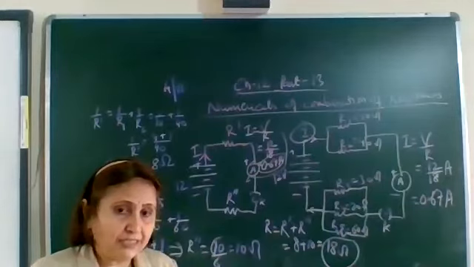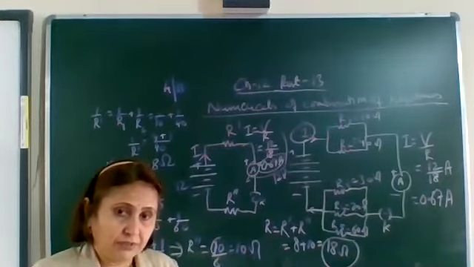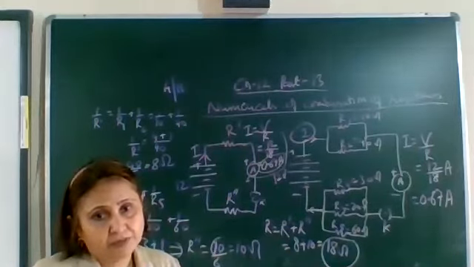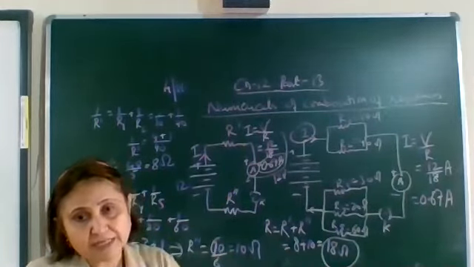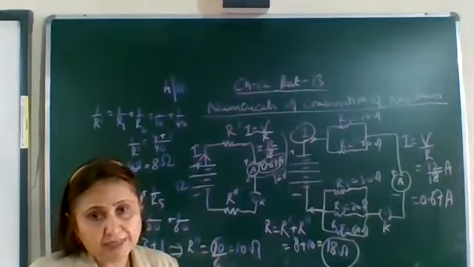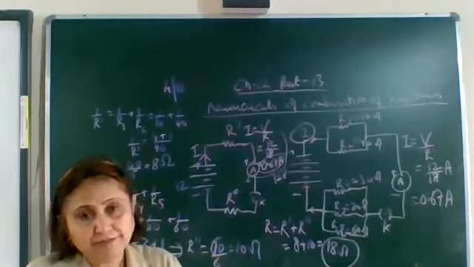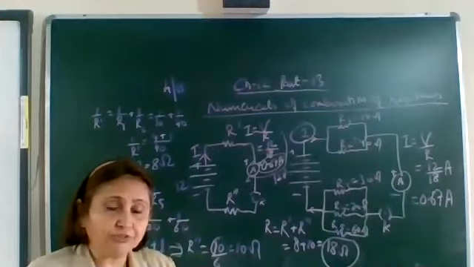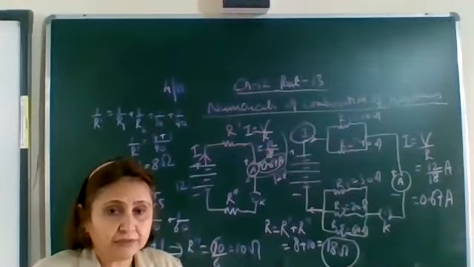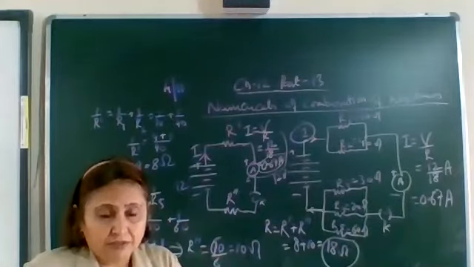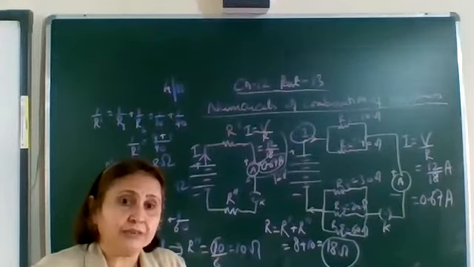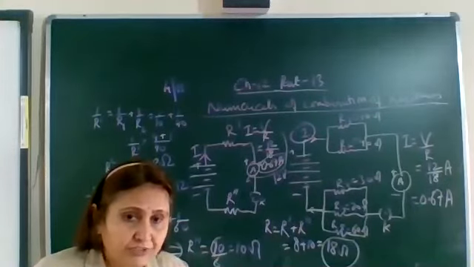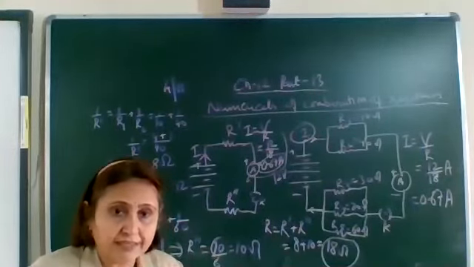Because we know that in the series combination, the current flowing through each resistor is the same. Suppose a geyser is connected in series to an electric bulb. It means the current flowing is the same. Both have different resistances and require different amounts of current. So that is why they are connected in parallel.